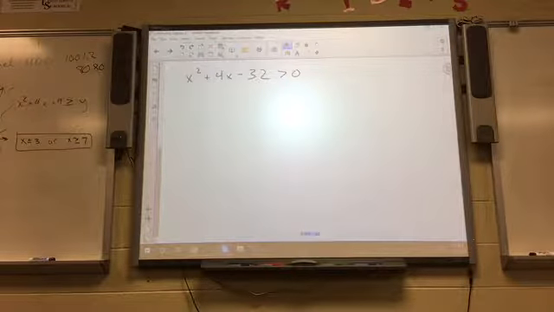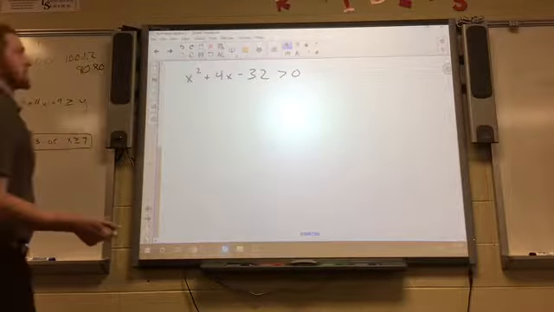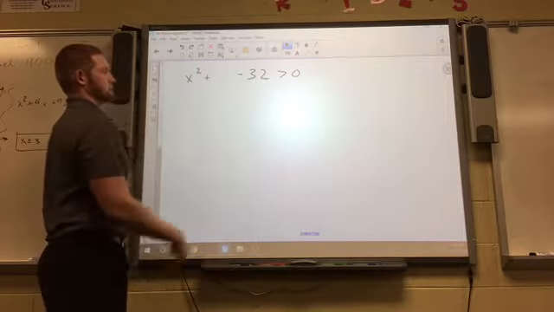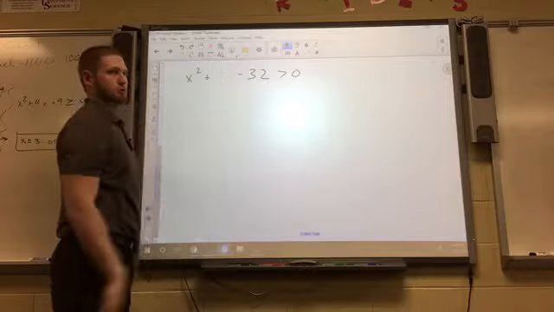You have to find numbers that add to b and multiply to c. So that's doing what? Factoring. I could graph it, I could complete the square, I could use the quadratic formula. I found most people are either factoring or using the quadratic formula. Those are the two I would recommend. They just seem to be the easiest.